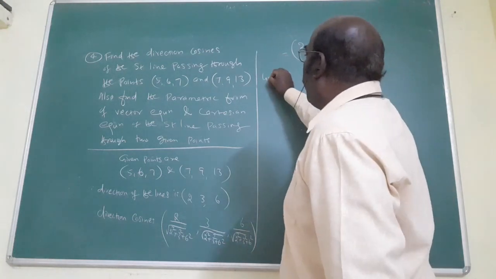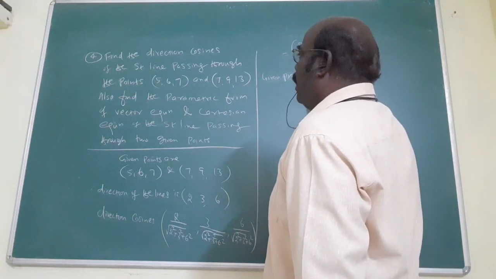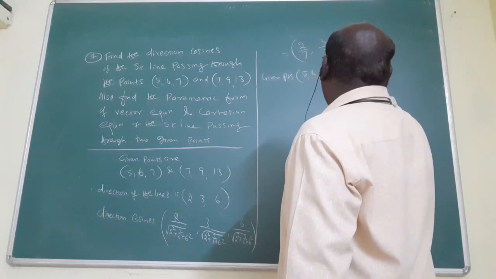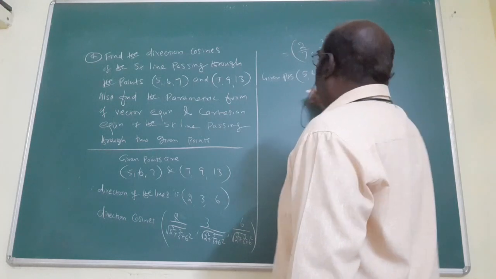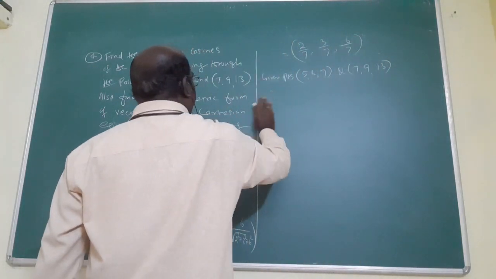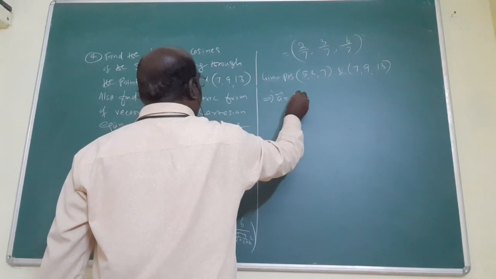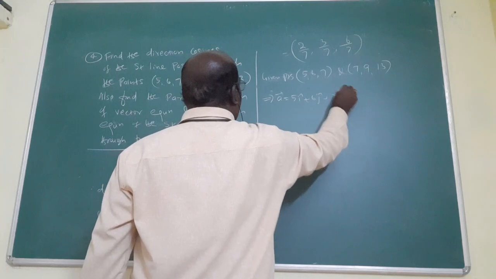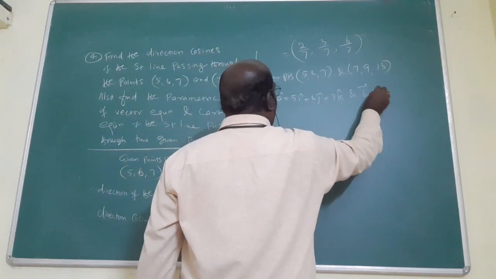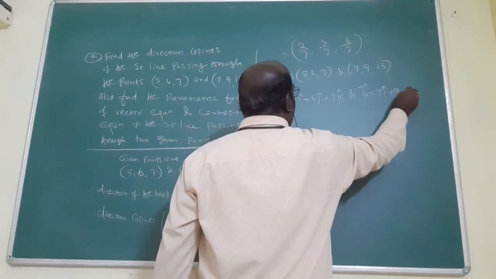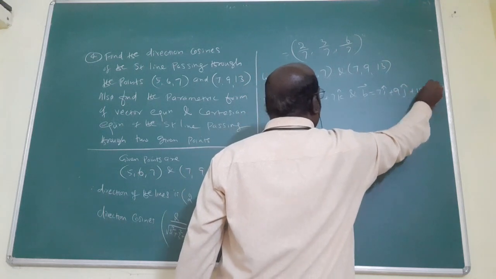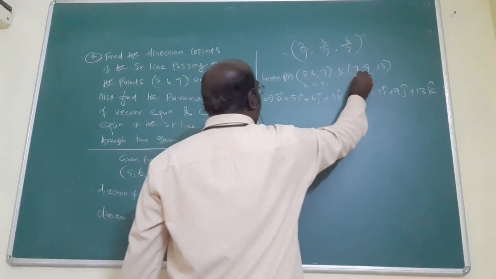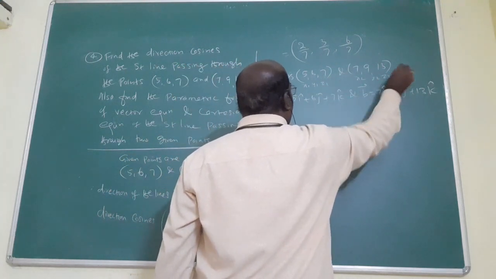Given points again: 5, 6, 7 and 7, 9, 13. This implies A vector equals 5 i cap plus 6 j cap plus 7 k cap, and B vector equals 7 i cap plus 9 j cap plus 13 k cap. This is actually x1, y1, z1 and x2, y2, z2. Am I correct?